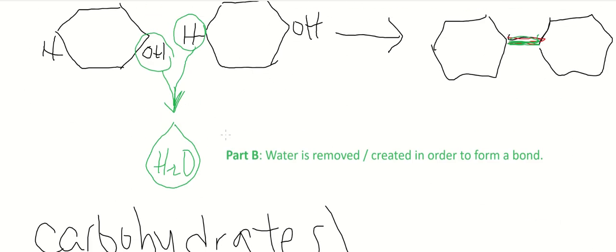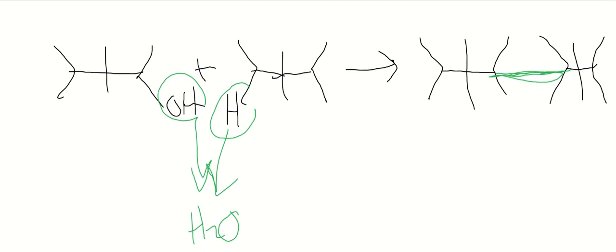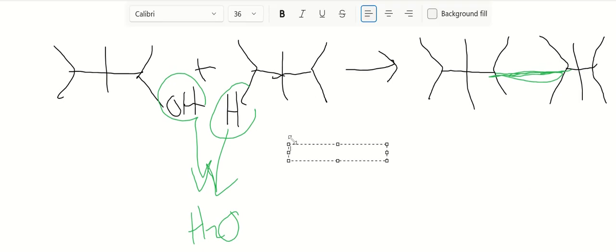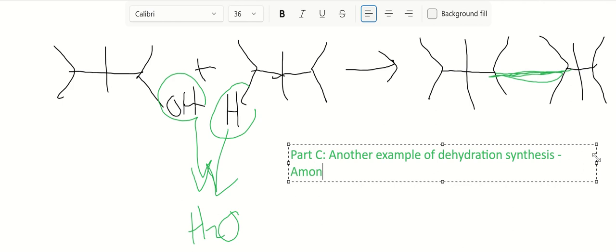Let me read the question again. Give another example. So how do we put that in words? Part C. Another example of dehydration synthesis. Amino acids, a hydrogen and a hydroxide, or OH. You can just write OH.